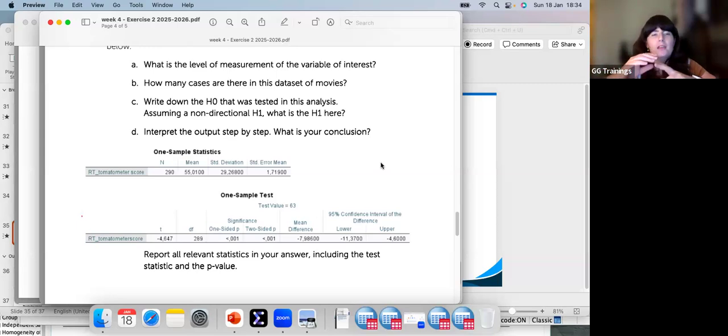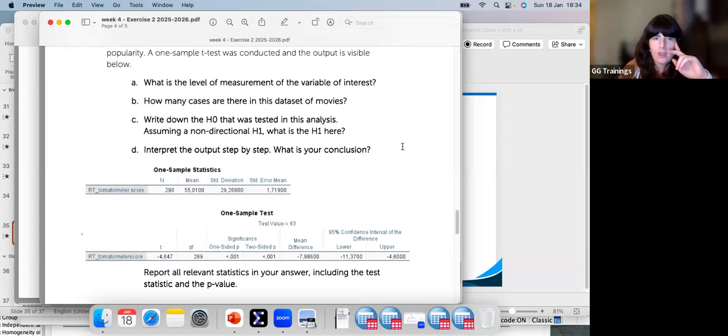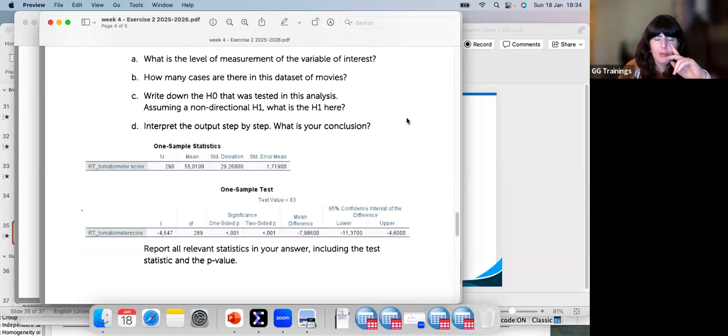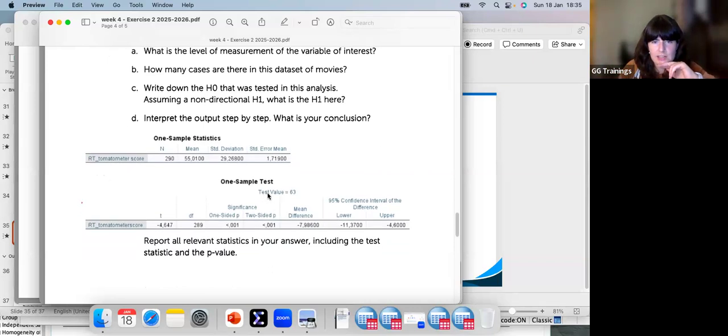So we start with, in the population of movies, the population average tomato meter score, that's our variable, equals our test value written here, 63. The test value goes in your hypothesis.